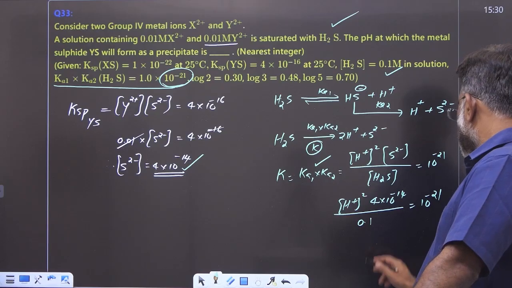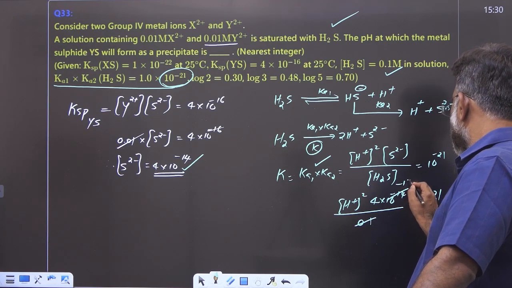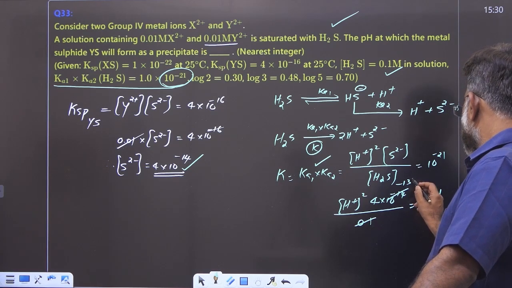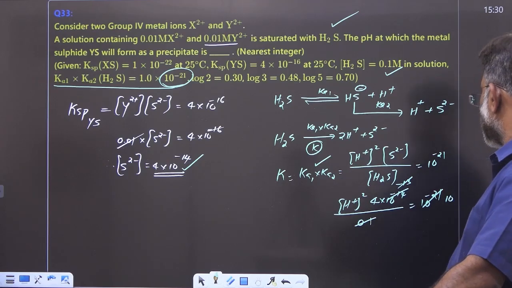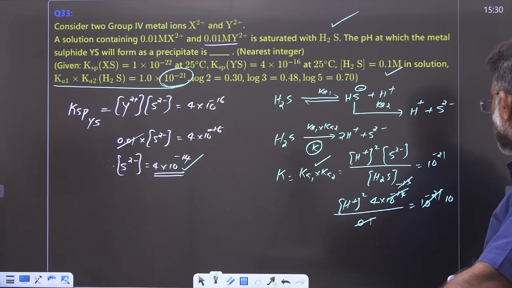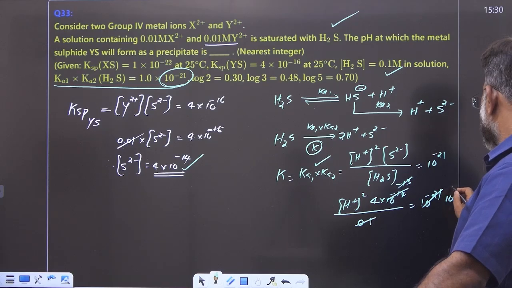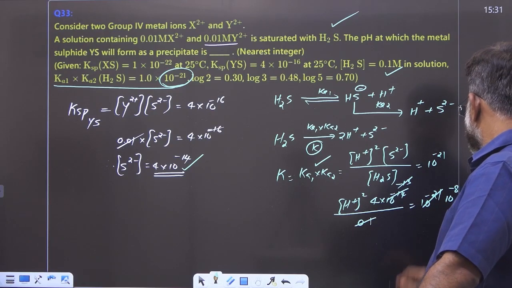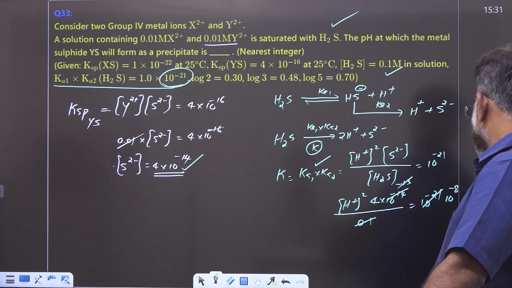So what happens? 10 power minus 1, 10 power minus 14, it is minus 13. 10 power minus 13 with the 10 power minus 21, it will be 10 power minus 18, right? Sorry, 10 power minus 8. 10 power minus 8, isn't it?